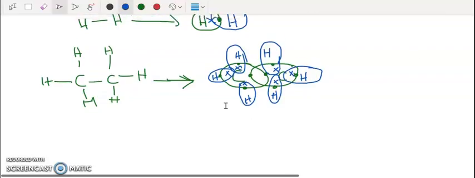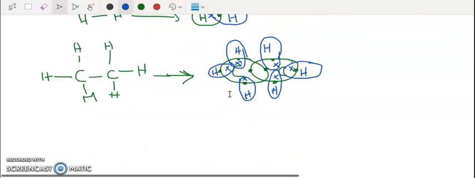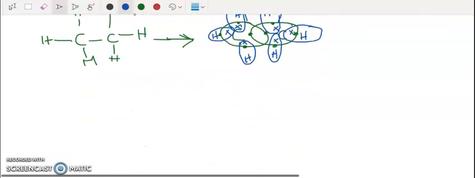Now since we know how it's going to look, let's put this all together in equation form. So we're going to have C double bond C, single bond H, single bond H, single bond H. Oh, it's not going to be here. Got a little carried away.